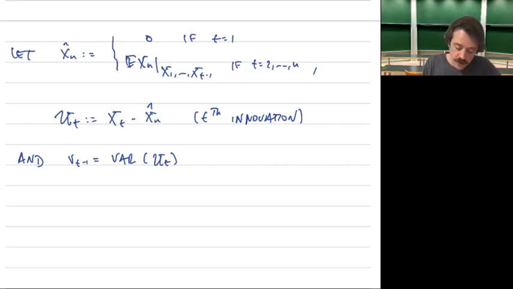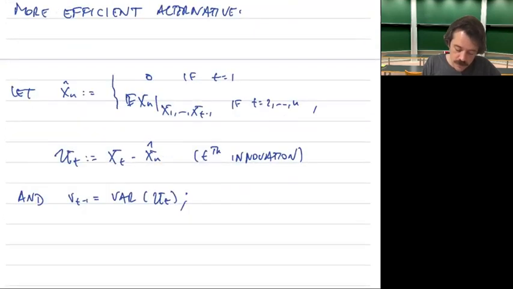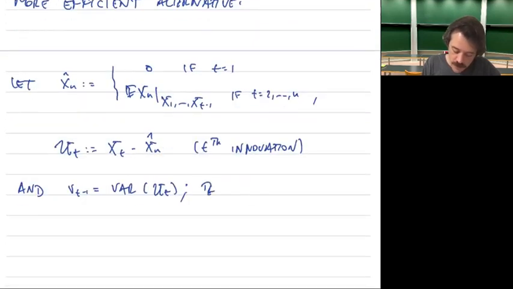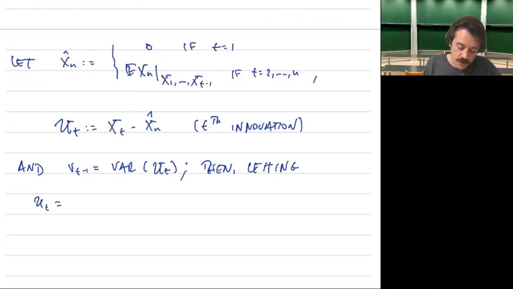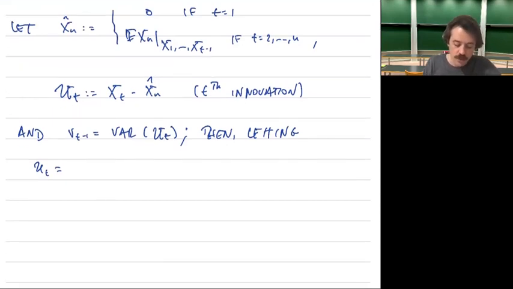Then, letting lowercase u t be what we have in the other one, this is lowercase x t minus the expectation.